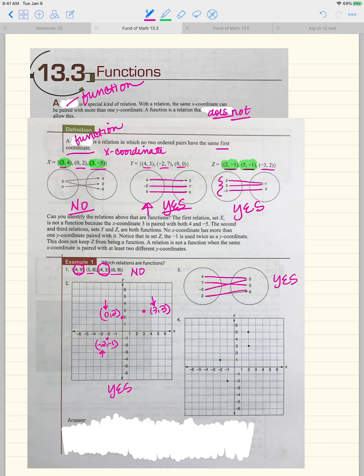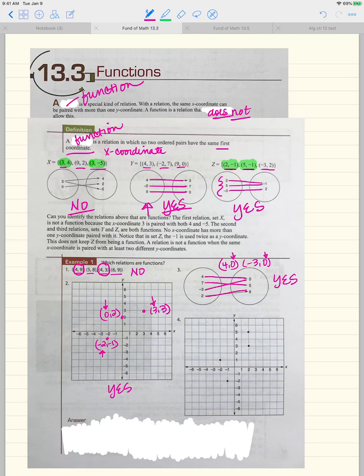Now, we have (4, 0), and we also have (-3, 0). So those are the same y coordinates, but that doesn't negate it being a function. It's only not a function if there are 2 or more x coordinates that are the same, not y coordinates. So number 3 is a function.